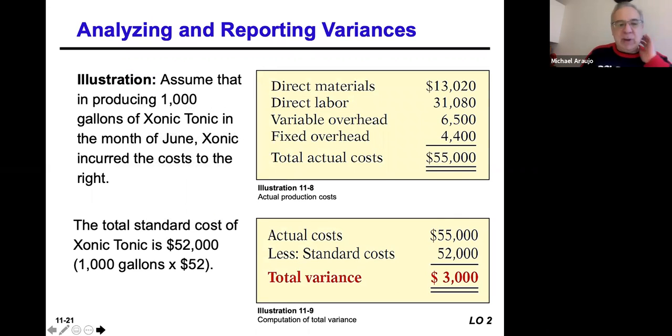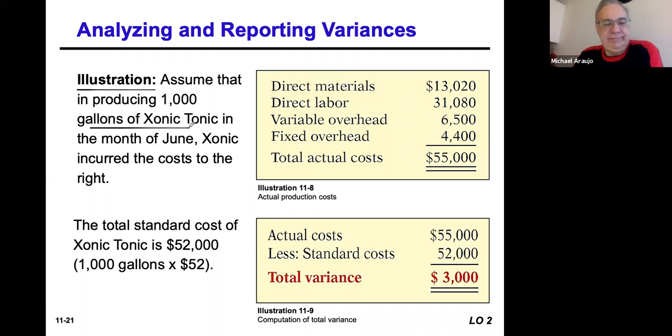Page 471 begins with an illustration, and it shows you how all these types of things are done. So here's the assumption. We're going back to our gallons of Zonic tonic. I really don't like Zonic tonic.